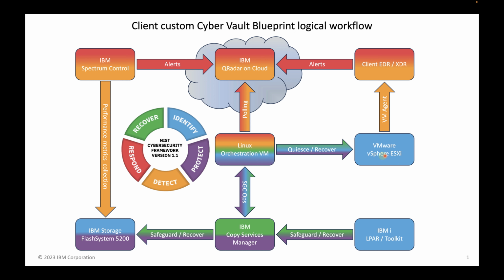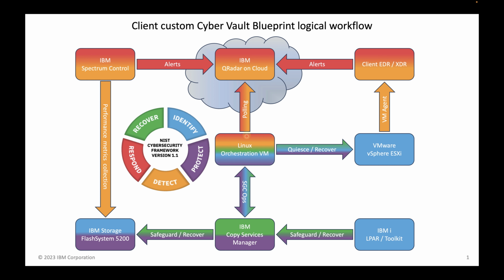And we also have VMware agents that are reporting to their EDR, XDR, the alerts, so that IBM QRadar is getting all of these pieces of information in. And when it detects a problem, it puts the IP or the vDisk or the data store that's detected with the problem onto a reference set. And the orchestration VM here from Linux goes and grabs it.